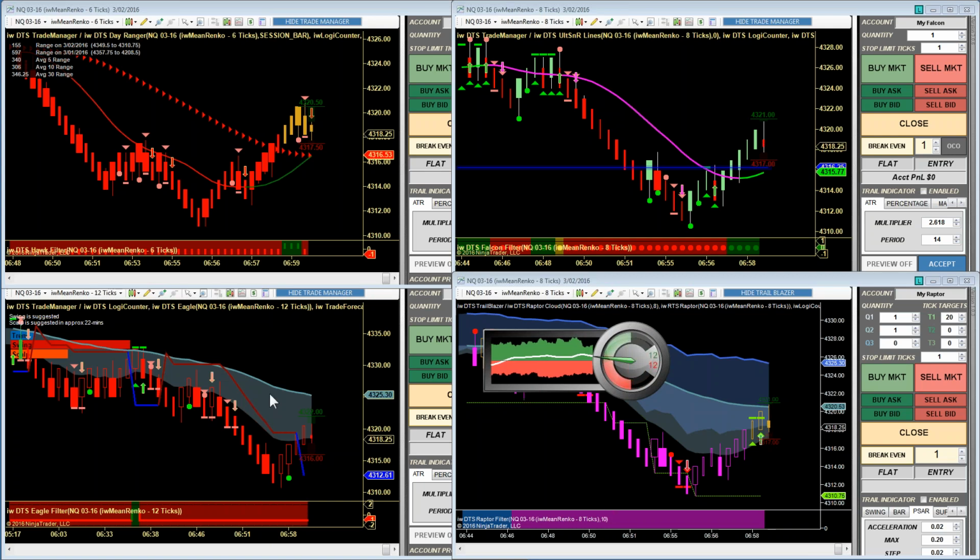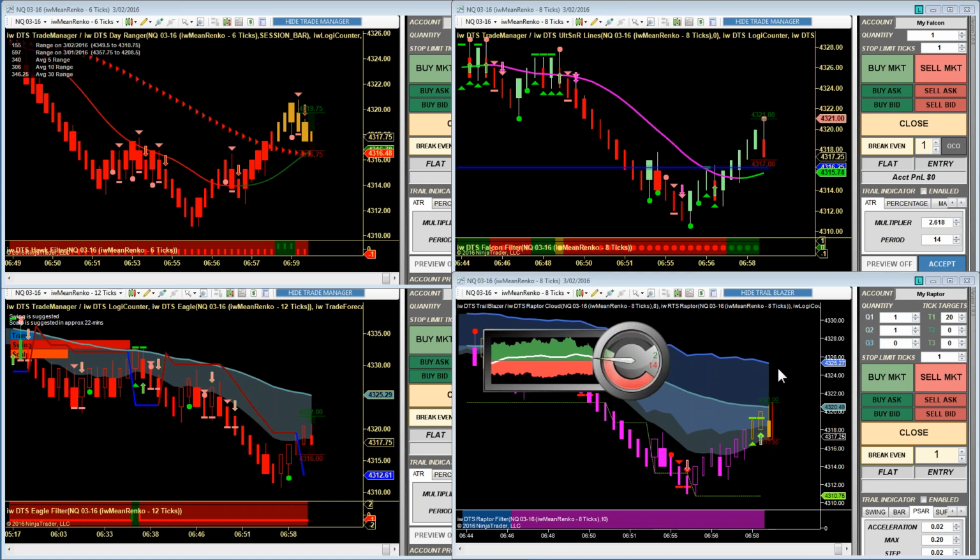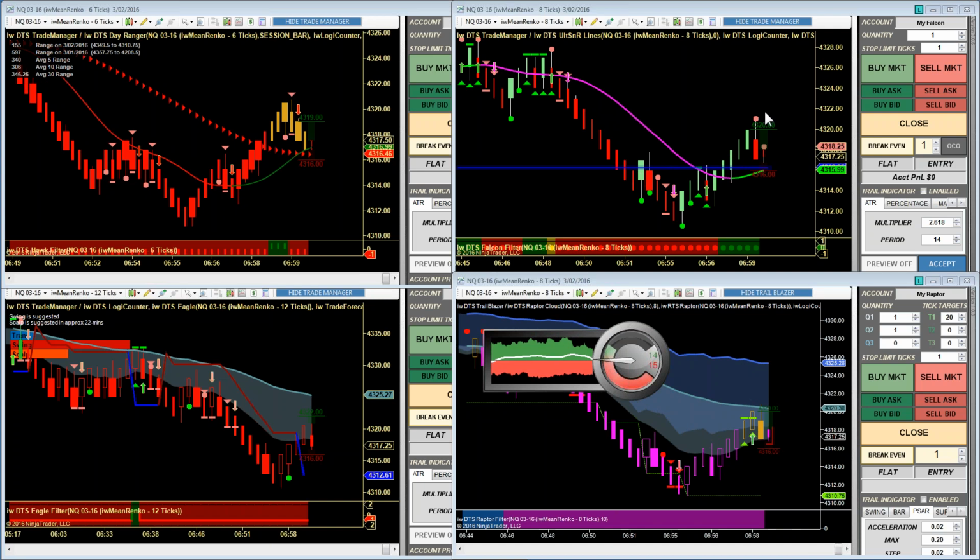All right, so where we are right now, probably going to see the market retrace into the hard edge here on the Eagle and possibly on the Raptor as well. We're working on a possible trend change here on the Falcon. You see our trend line has started to change color.